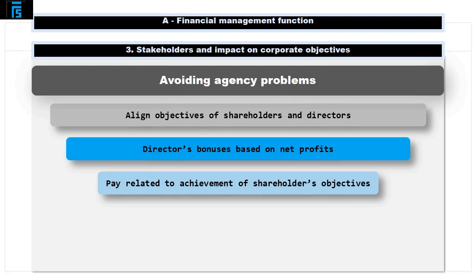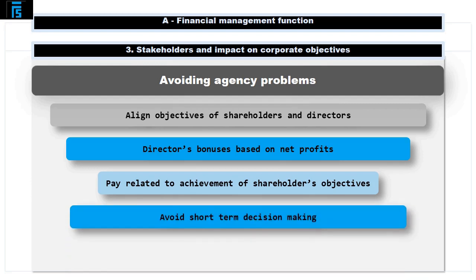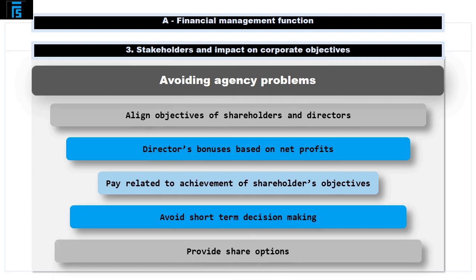However, beware, because sometimes focusing solely on the short-term net profits can encourage short-term thinking on the director's part. Another option is to give the directors share options in the company. By giving them share options in their remuneration package, they now are shareholders and their objectives are now in line with the shareholders.